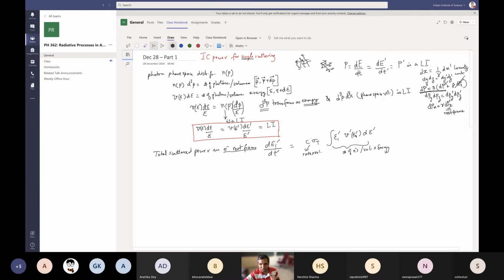And this is in the particle rest frame, but we know that epsilon 1 prime is equal to epsilon prime, which means we are in the Thomson limit in the electron rest frame.